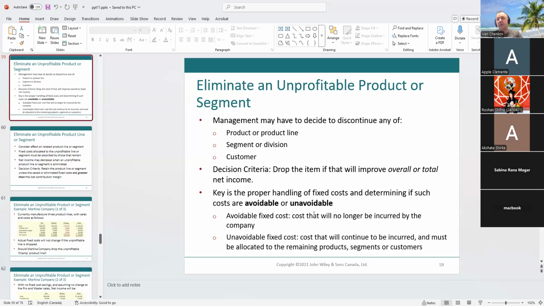Now, if I get rid of the kids somehow, how is this going to reduce my internet cost? Do you think the internet cost is going to go down? No. Why? Because it's an unavoidable cost. Make sense?